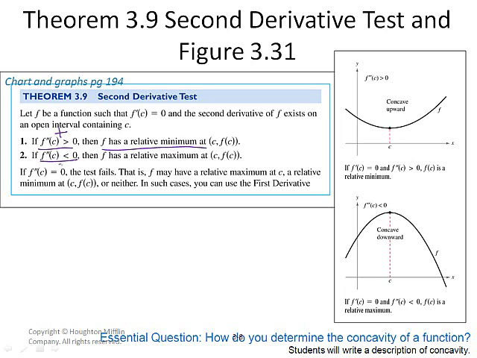When your second derivative is negative, your function has a max, okay? If it actually equals 0, the test fails. So you might want to underline that or write that. So if it equals 0, you can't use the second derivative test to figure it out.